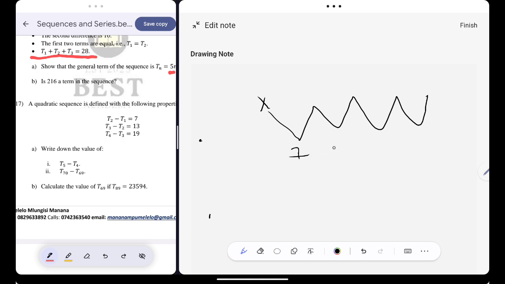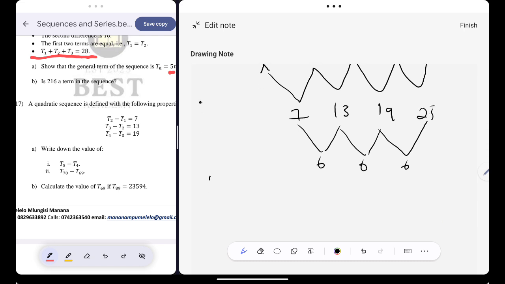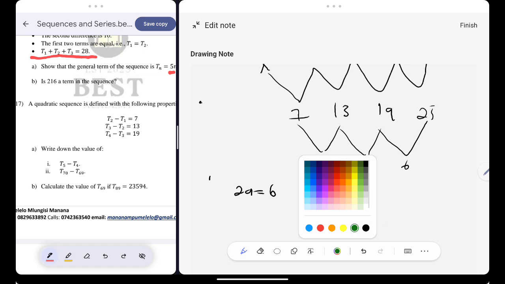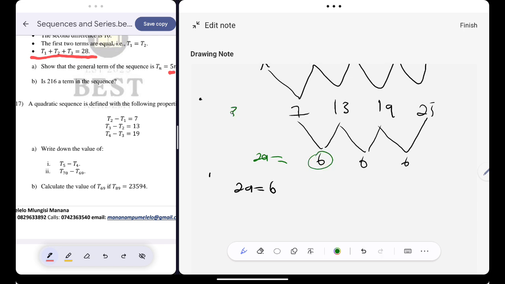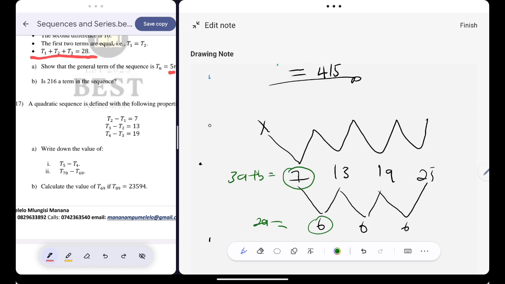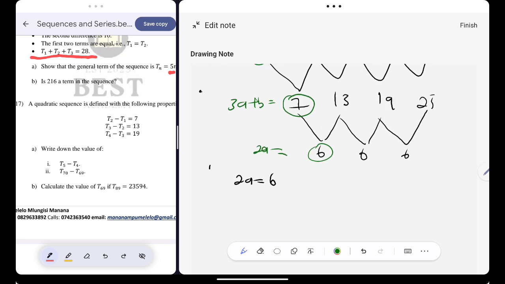Here we were told that 7, 13, here it's 19, here we have 6, 6, 6, and we calculated the 25 there. But remember this, guys: 2a is equal to 6, the second difference, 3a plus b is the first term of the first difference, then a plus b plus c should be equal to the first term.